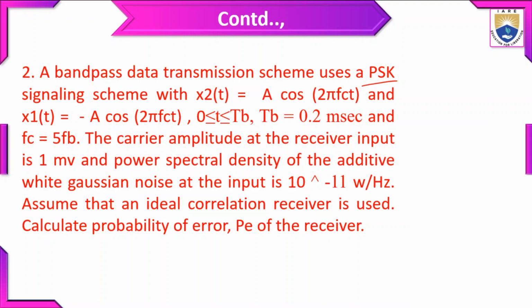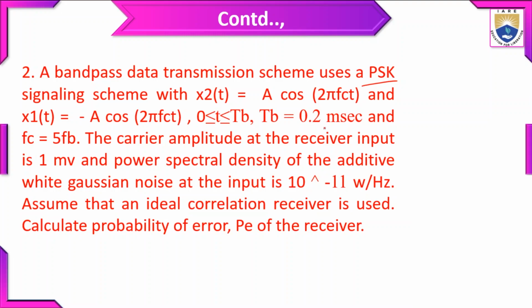So here you can see x1 and x2 also have 180 degrees phase difference. In x2 of t, you get A cos, whereas in x1 of t, you get minus A cos. The bit duration is the same, 0 to Tb, and Tb is the bit duration.